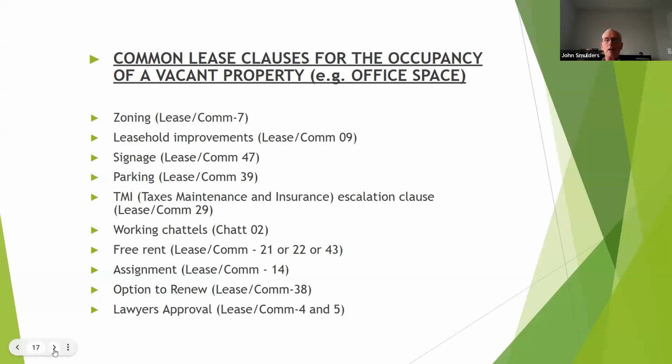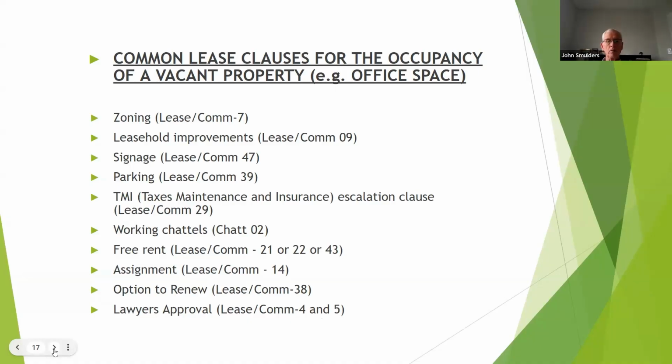For those of you who have downloaded the OREA clauses booklet, it's all under lease/com. I think there are 52 different lease/com clauses that you can choose from in the OREA handbook. These are just some of them, but they're very common ones. And like I say, most of the ones in Schedule A are the most common ones.